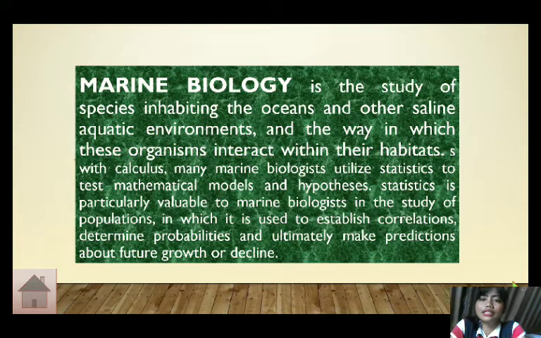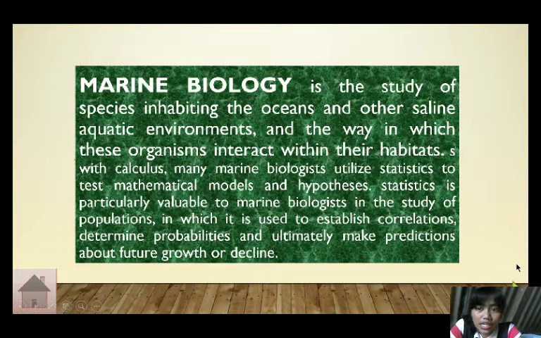So the significance of statistics here is that, as with calculus, many marine biologists utilize statistics to test mathematical models and hypotheses. Statistics is particularly valuable to marine biologists in the study of population, in which it is used to establish correlations, determine probabilities, and ultimately make predictions about future growth or decline.